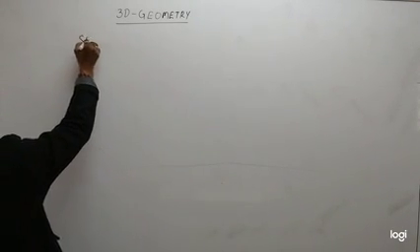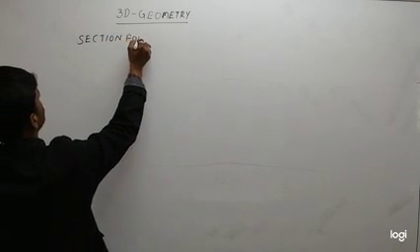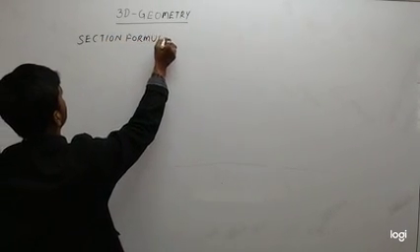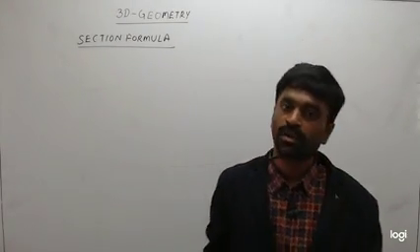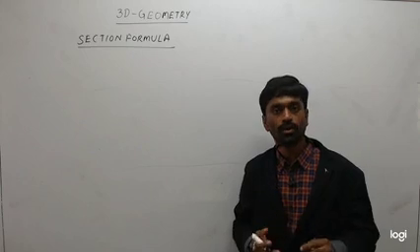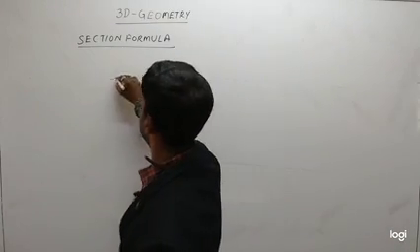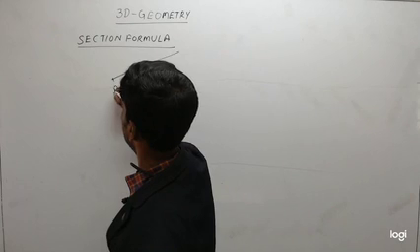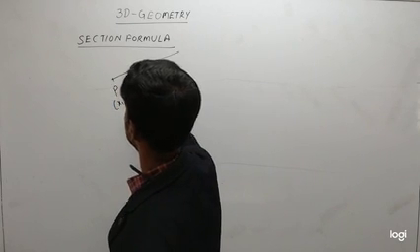So next, the section formula. You have already learned this section formula in vectors also, so I'm not going to derive it here. Suppose this is a point P whose coordinates are x1, y1, z1.